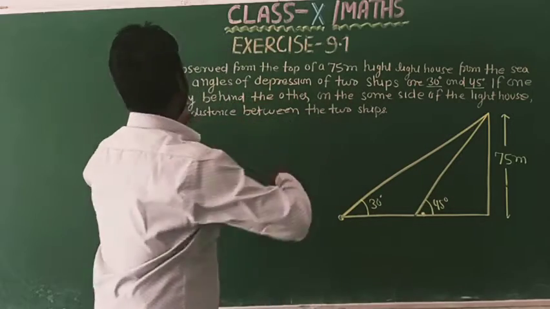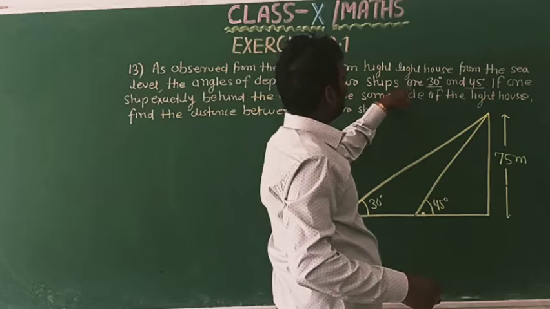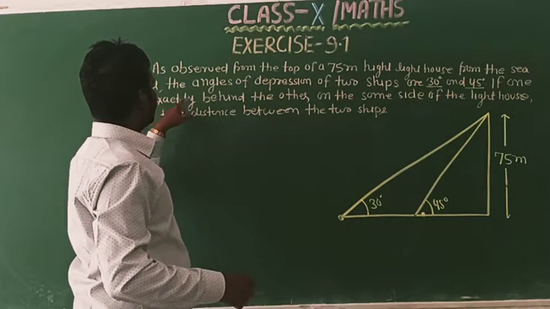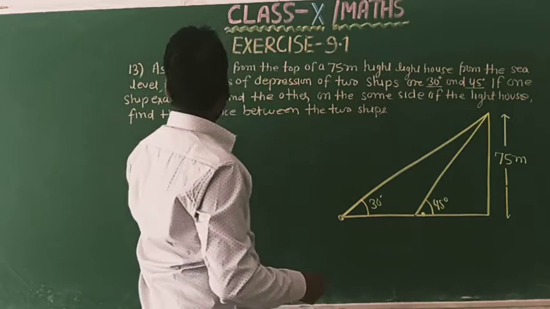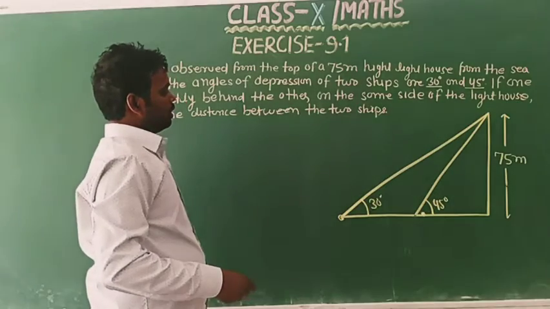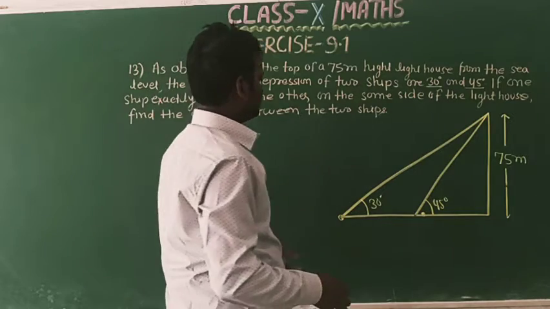If one ship is exactly behind the other on the same side of the lighthouse, then find the distance between the two ships.